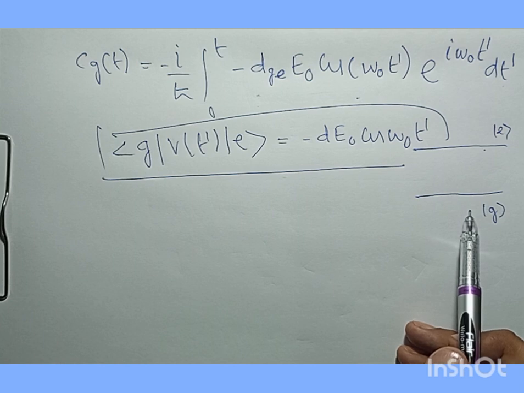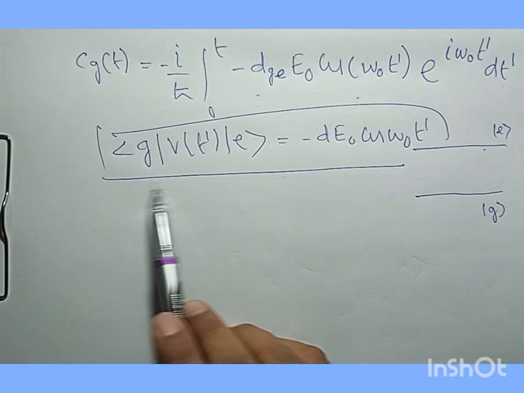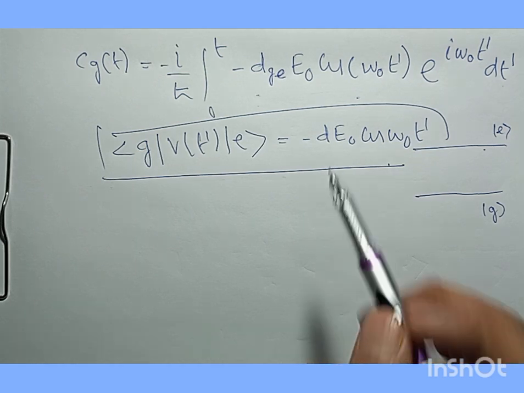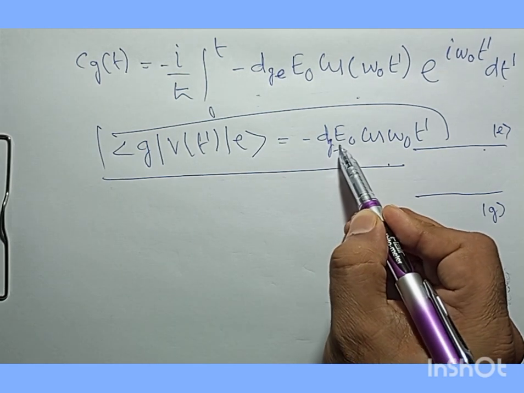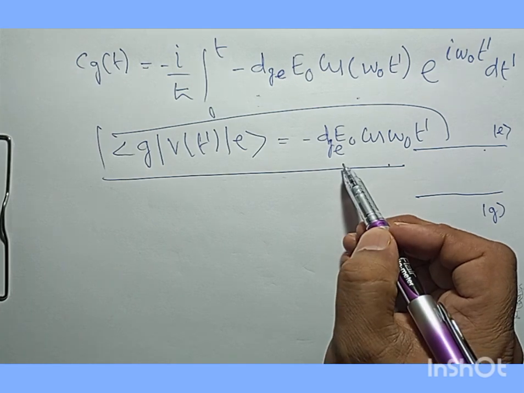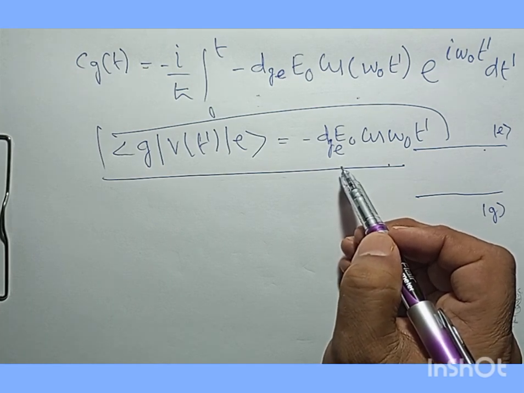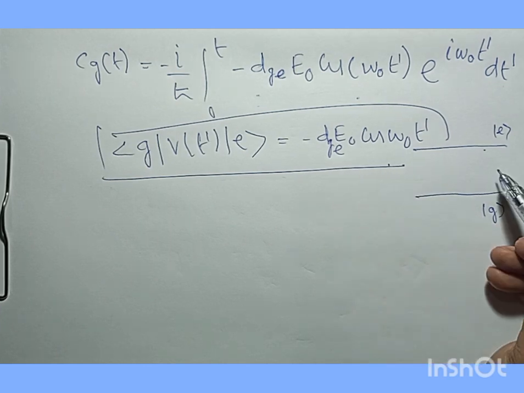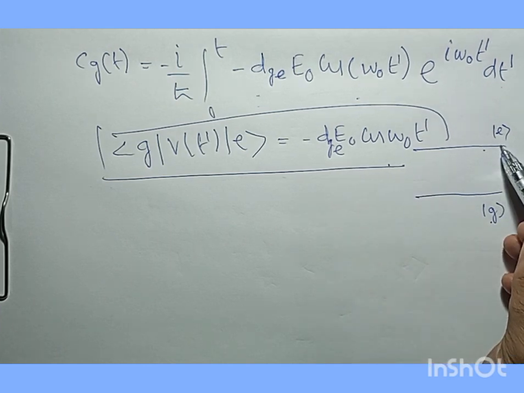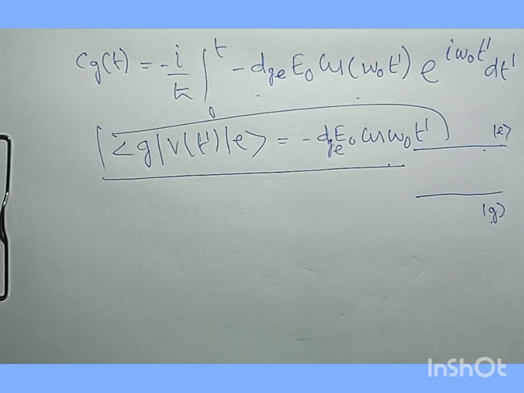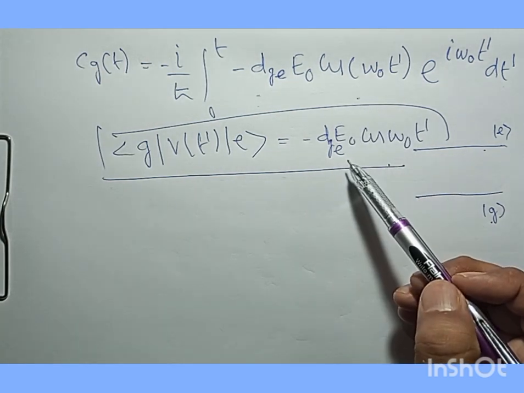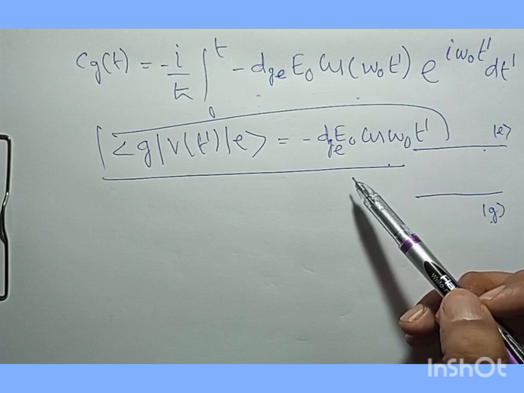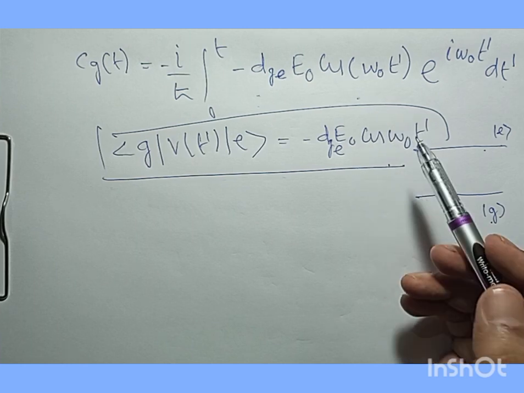Specifically, we have this matrix element equal to this. And here this d_Ge, which I had symbolized as GE, is the dipole moment matrix element between the ground state and the excited state. The dot product reflects the interaction strength and the orientation of the electric field with respect to the dipole moment.